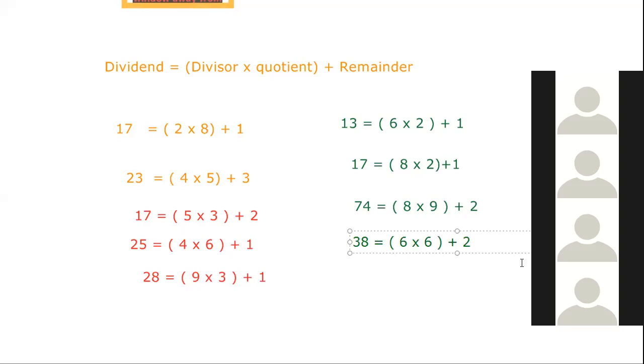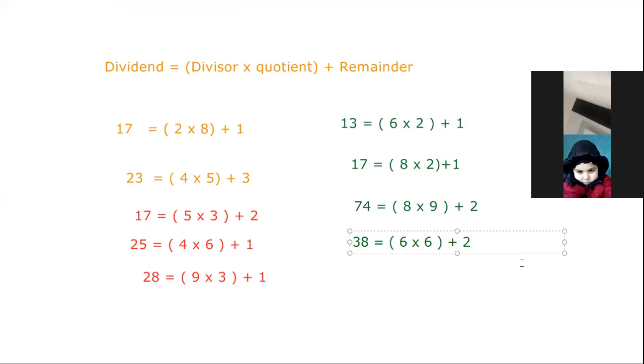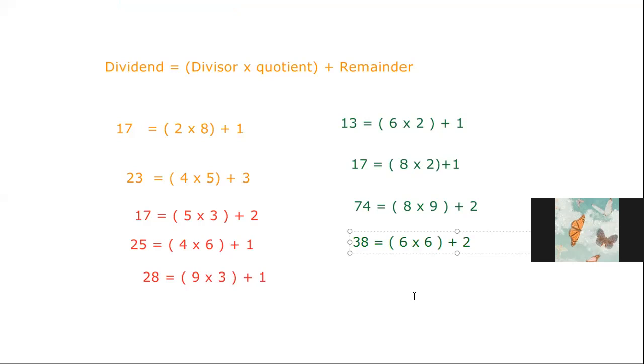Now I want Mira. Yes. Yalla Mira. Let's say we have 65. Okay, 65 and the divisor is 8. Yalla Mira. What's the number you multiplied by 8 to get 65?